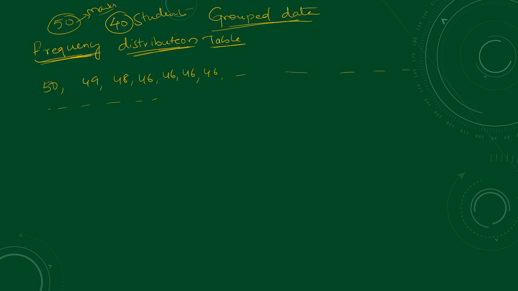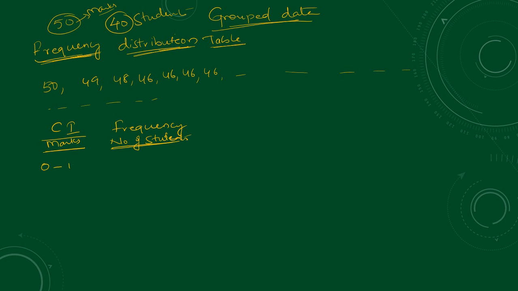In this frequency distribution table, we take class intervals. We break the given marks into some intervals, and based on those intervals we write down the number of students. The number of students is what we call frequency, and the class intervals are marks.